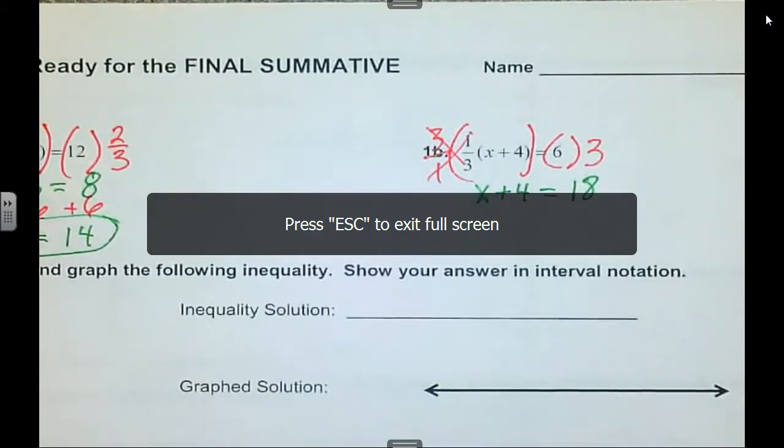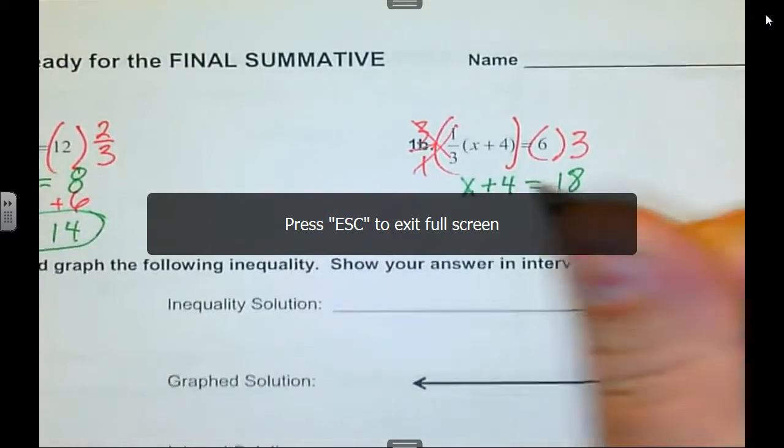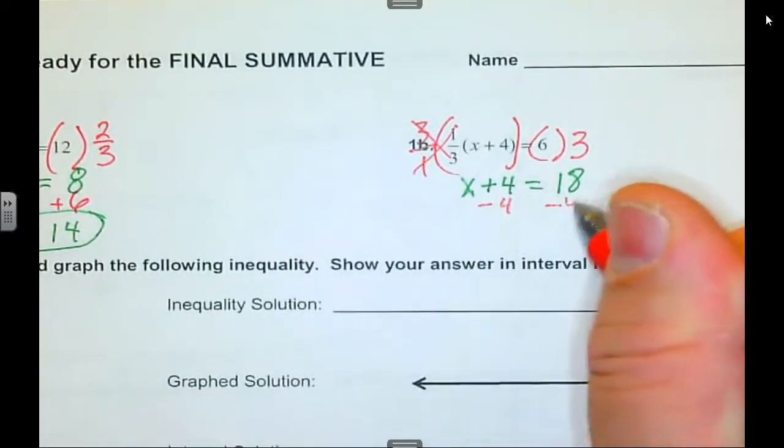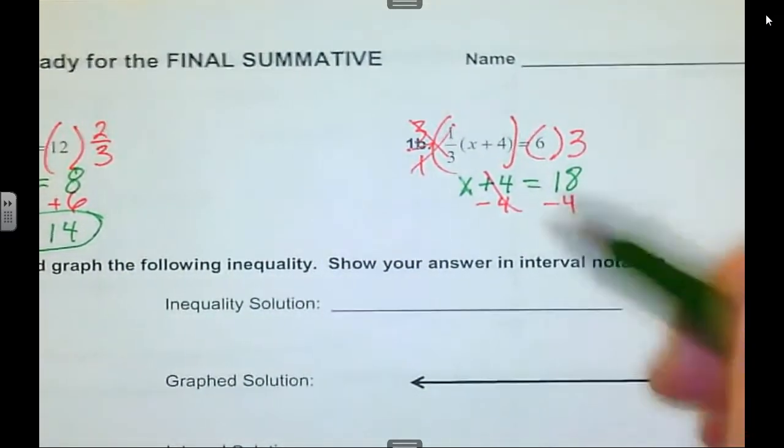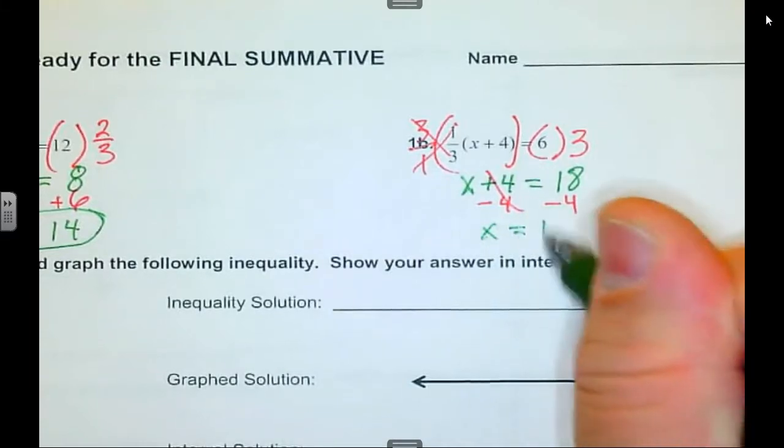Okay, subtract 4 from both sides. So x equals, hey, look at that. X equals 14 again.